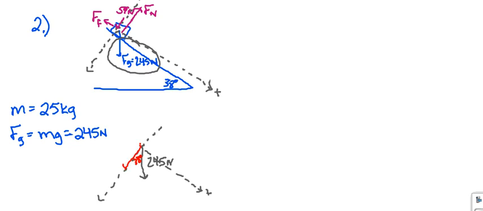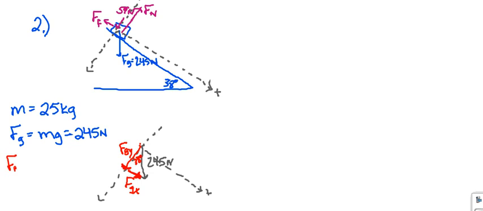One of the components is down, one of the components is right. In the downward direction, that's the gravity in the y direction, and then the gravity in the x direction. So we're going to split that up so that we can replace this force on our free body diagram with its components. We want the ones that act on the x and y axis. So I'm going to write those things out here.